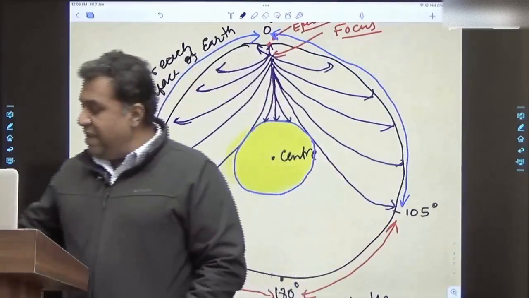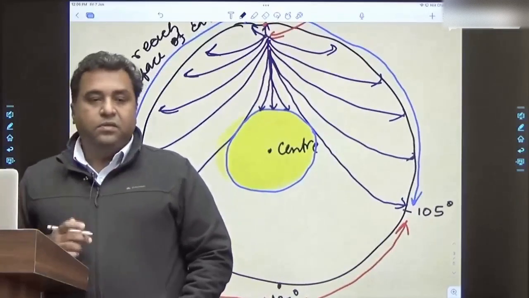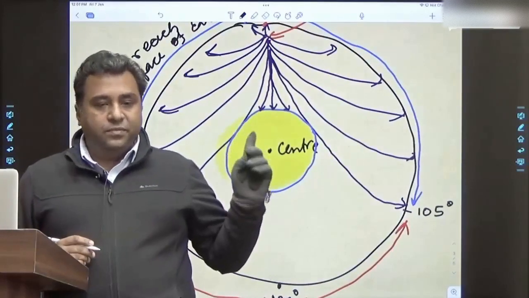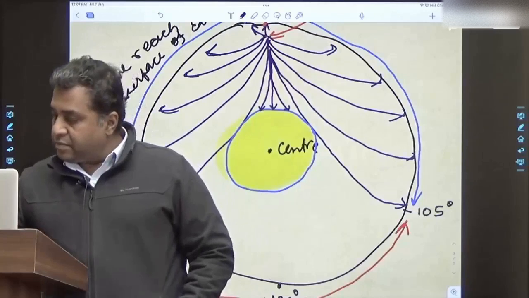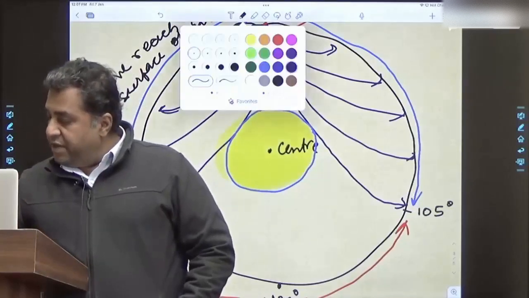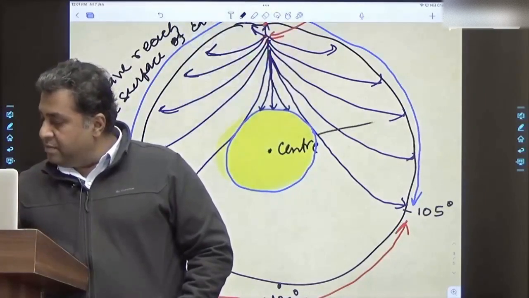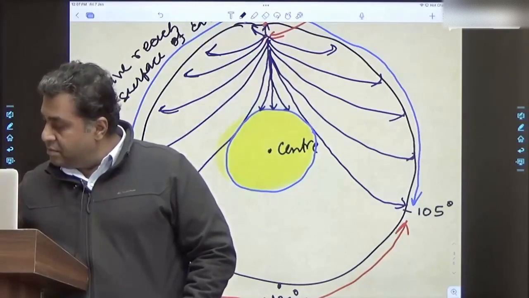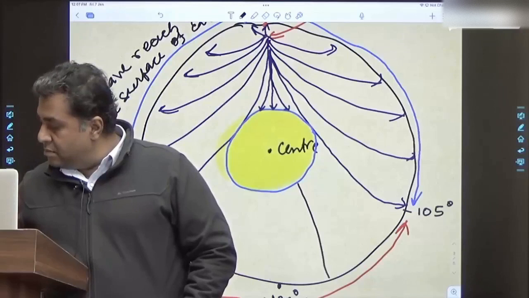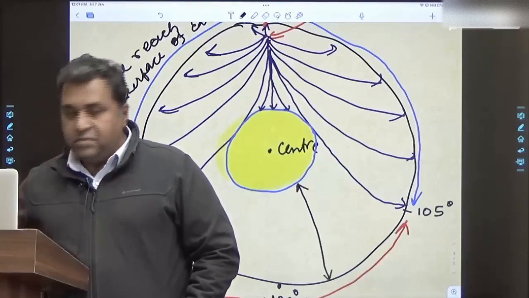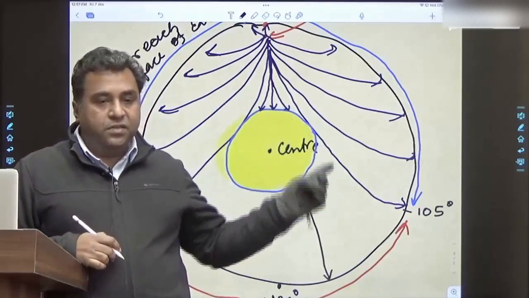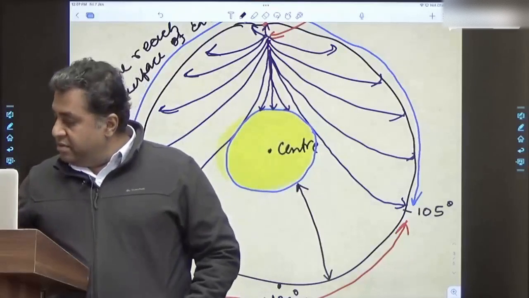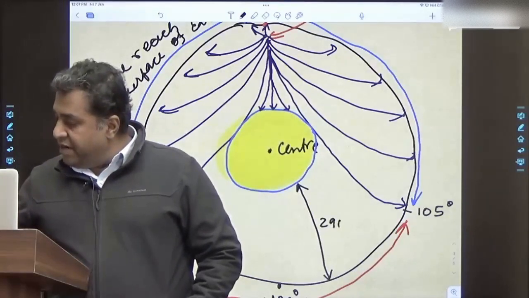And from the angle calculation, 105 degrees, we can easily calculate that this liquid spherical region is at a depth of 2900 kilometers.